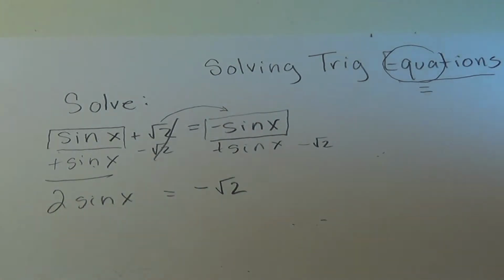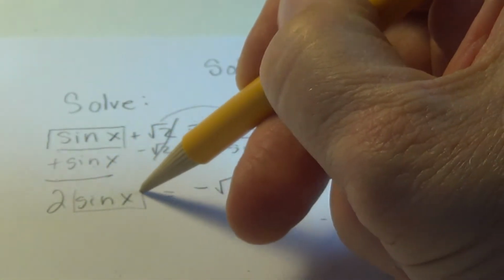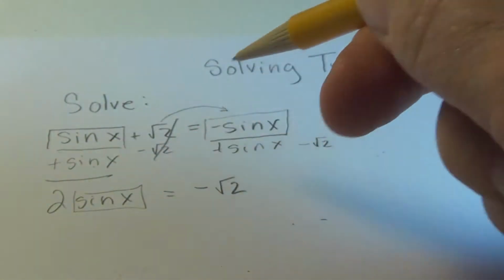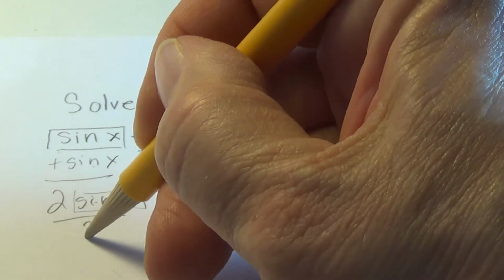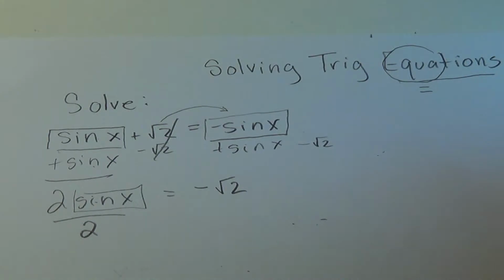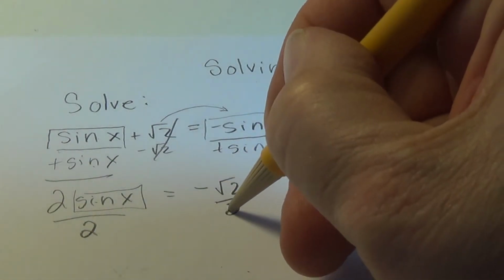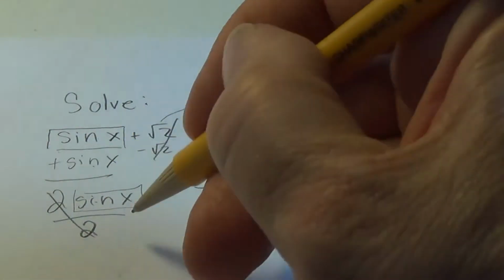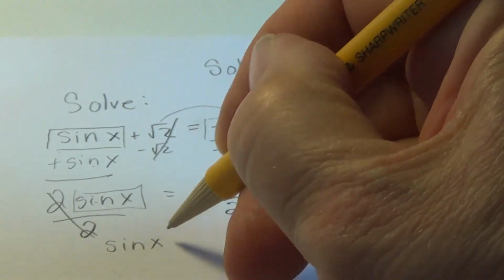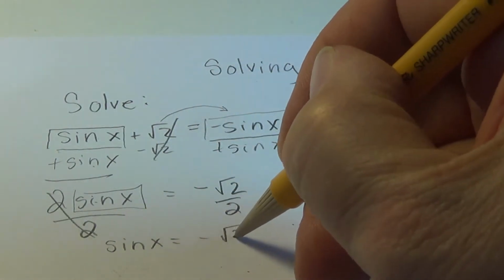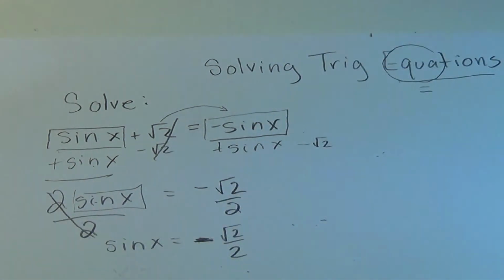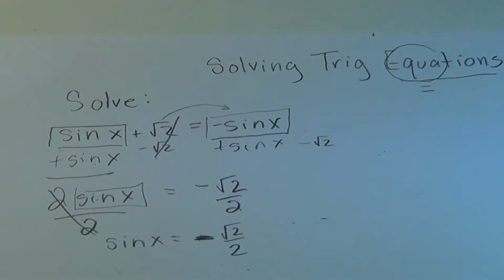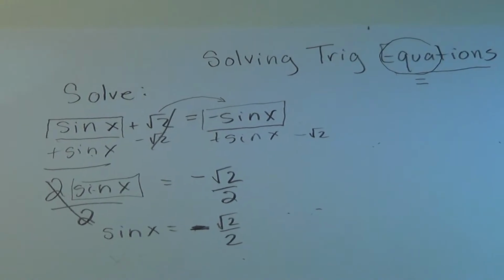And when we move the square root of 2 to the other side, it becomes negative square root of 2. Sine x is still not by itself, so it has a 2 stuck onto it. So I'm going to remove it. It's held there by the glue of multiplication. So I'm ungluing it with division. So I divide it out of the left side and it appears in the denominator on the right. Alright, so that is the end of our getting sine x by itself.